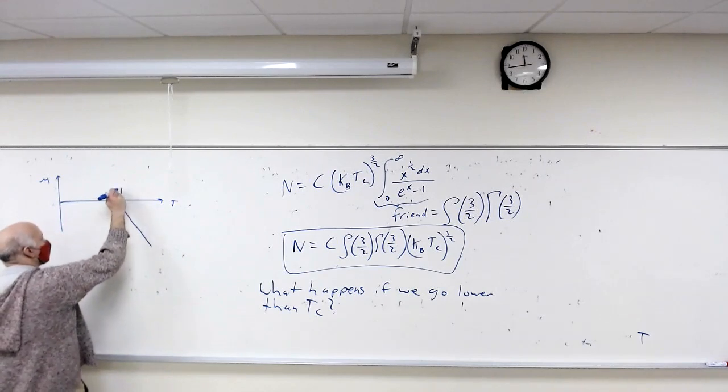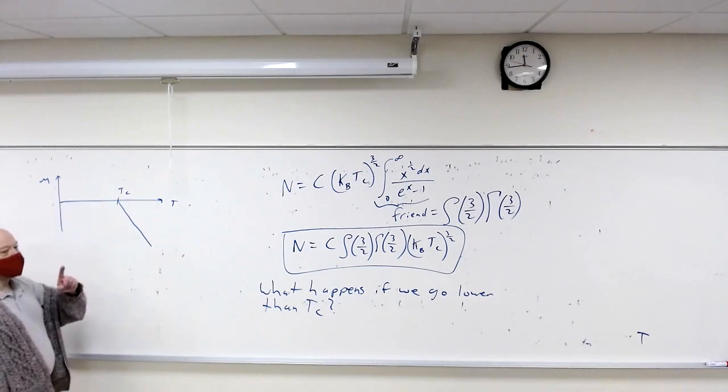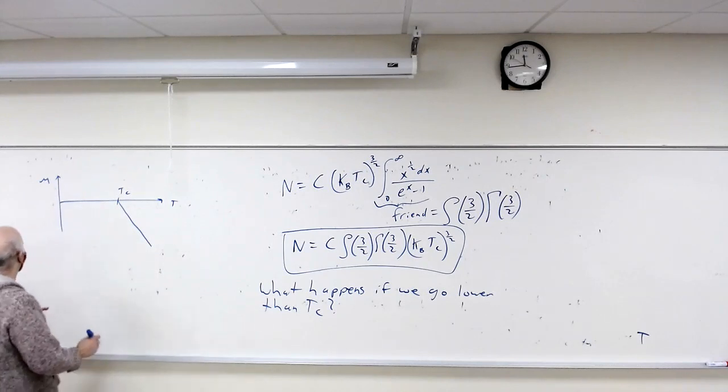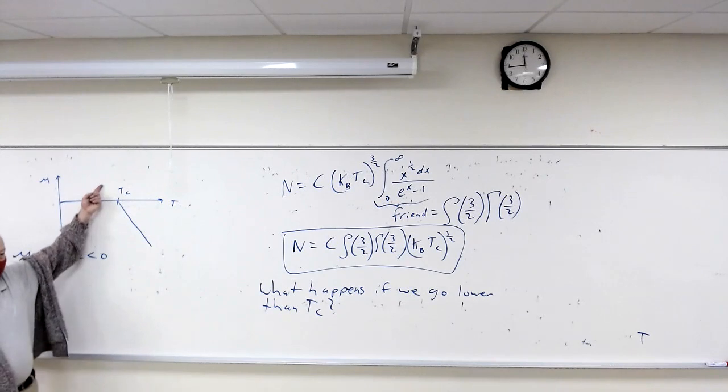We have Tc. This is 0 on the negative side. And what does mu have to be? It has to be negative. Yeah, it must be less than 0. It can't go above here like this.